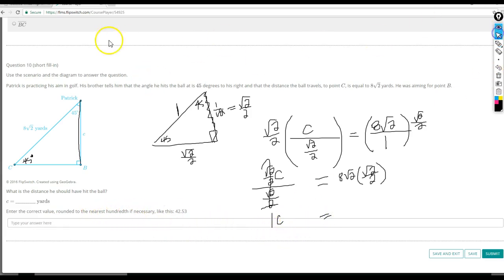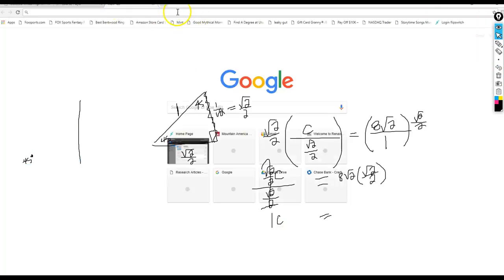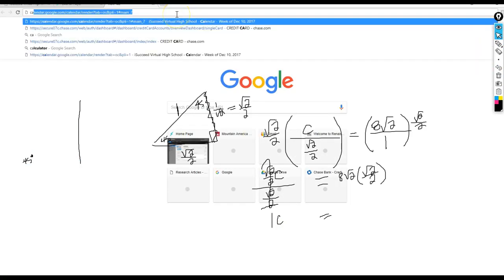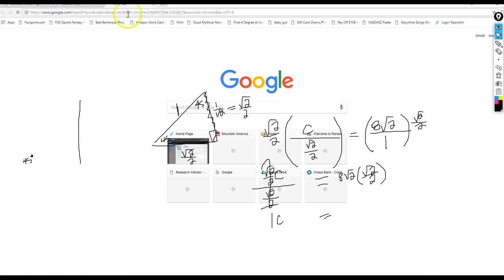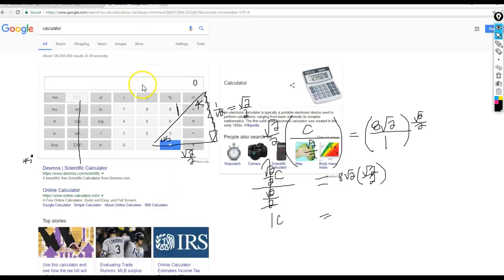So we're going to go to Google and we have 8 square root of 2, close that parenthesis so it's black and not gray, times parentheses square root of 2, close it again so it's black, divided by 2, close parentheses. That's going to equal 8.